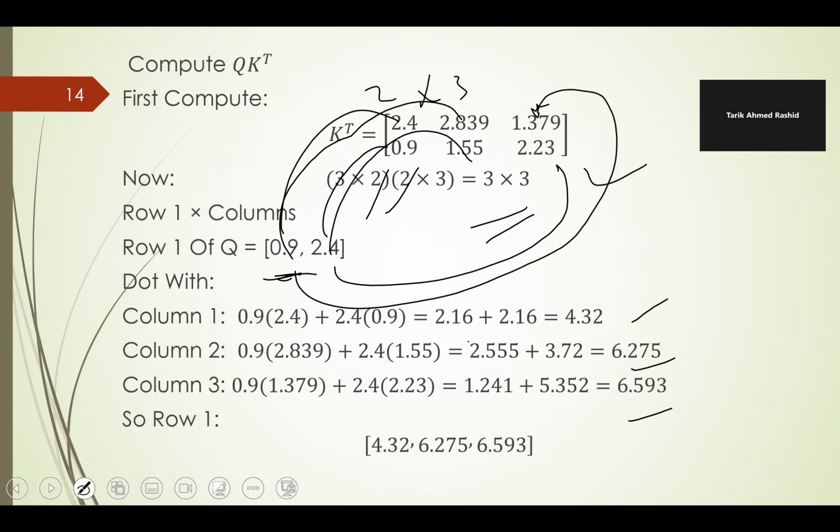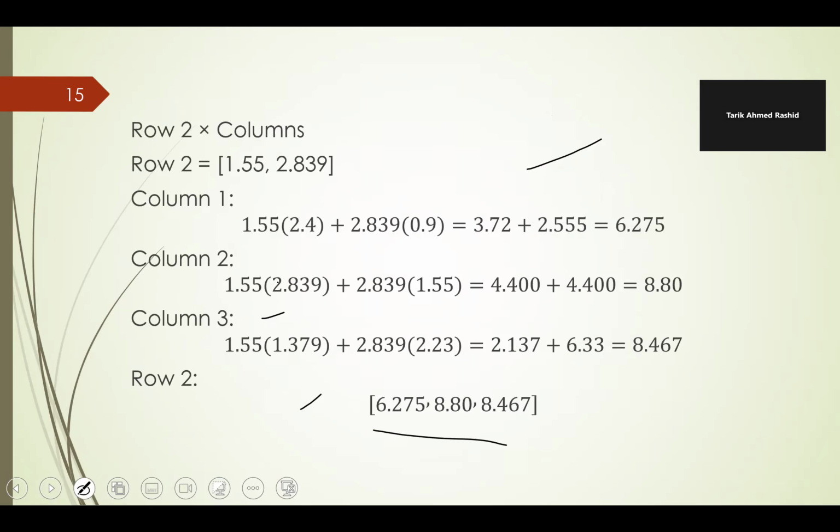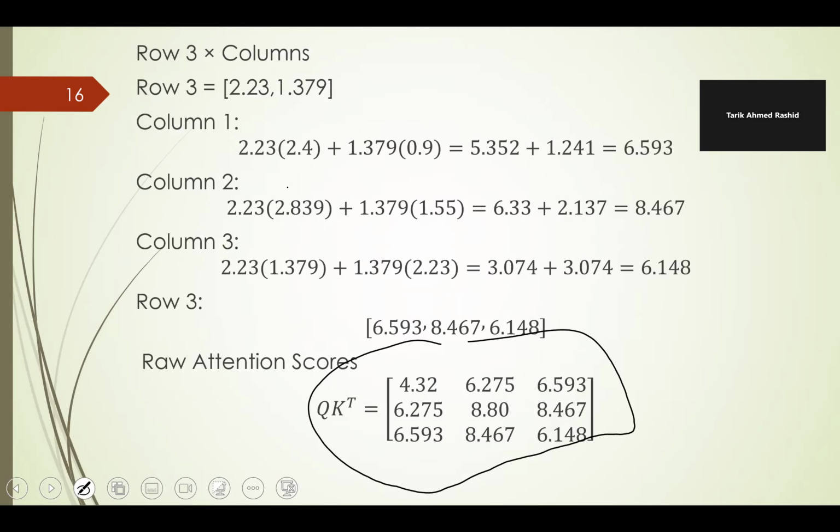Simple as that: the first row of Q is multiplied by this part, this part, and this part. Later on, the second row of Q is multiplied by each part. And for row 3, the third row of Q is multiplied by K transpose. Now, this is what we found.